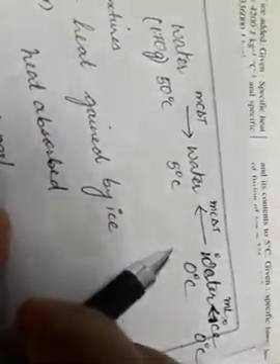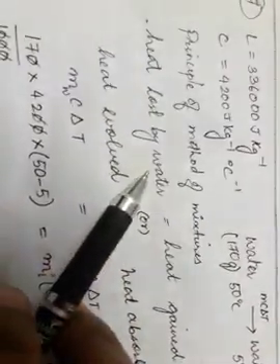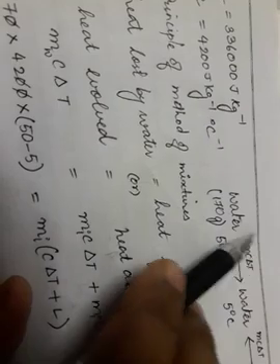MC delta T equals MC delta T plus mL. Clear? So heat lost by water is equal to heat gained by ice, or heat evolved is equal to heat absorbed. So for water it is MC delta T, which I have written here, and here it is for ice, which is MC delta T for ice and mL for ice.